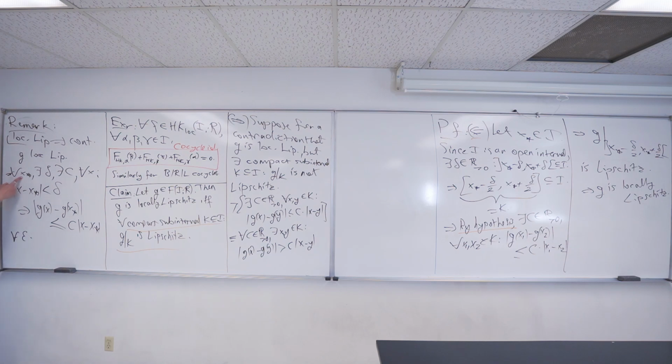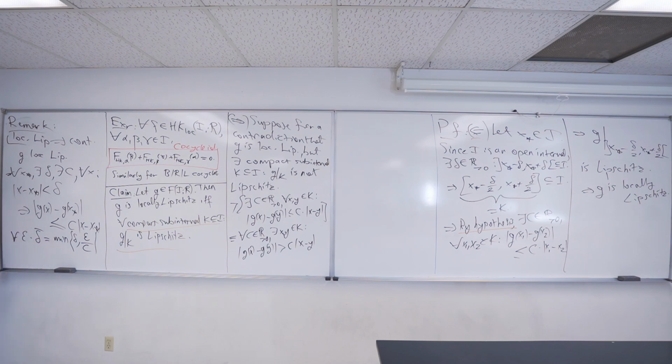Once I fix x star and epsilon, there is some delta, but then I can adjust that delta to delta bar, which is going to be the min of this delta and epsilon divided by c.